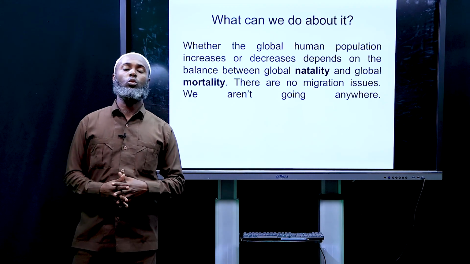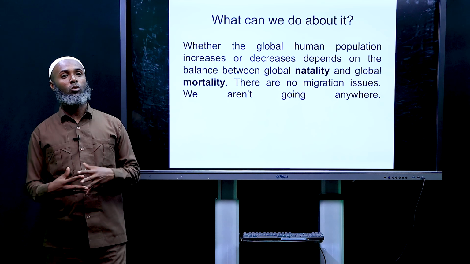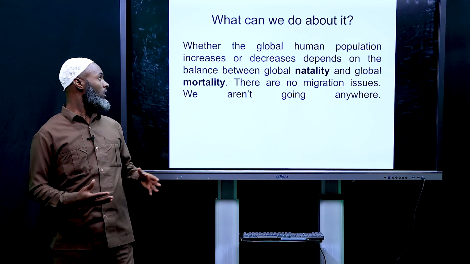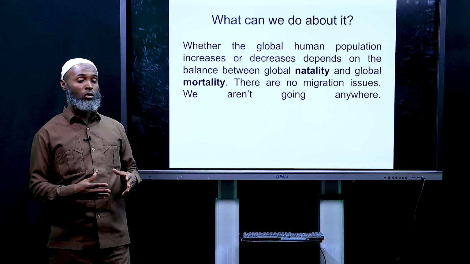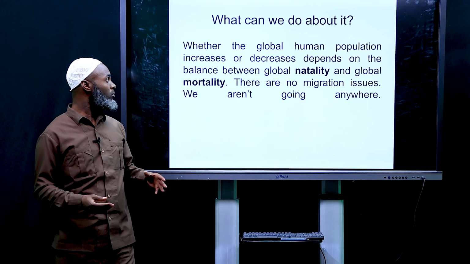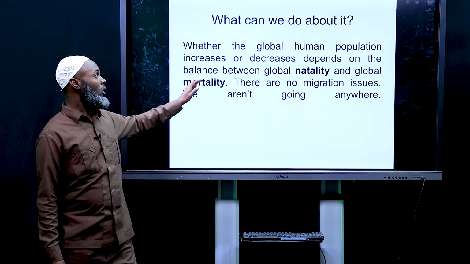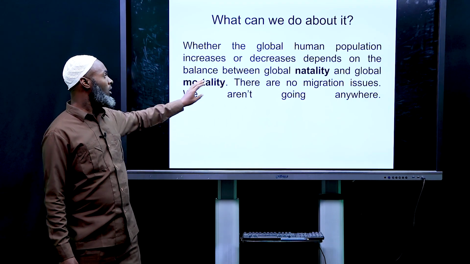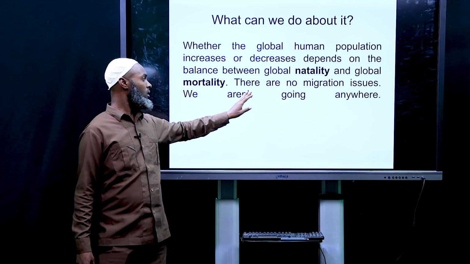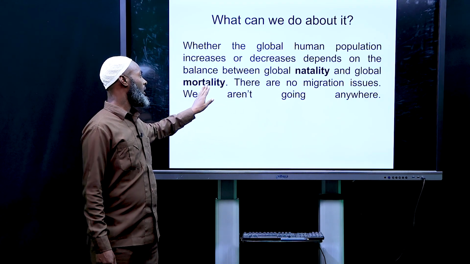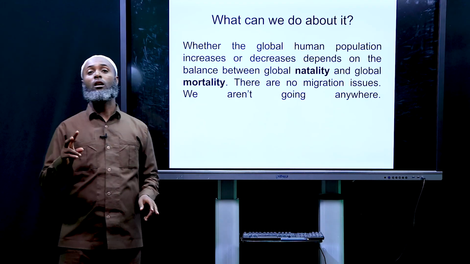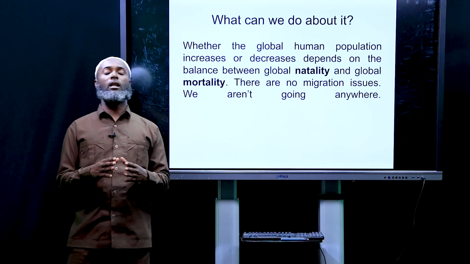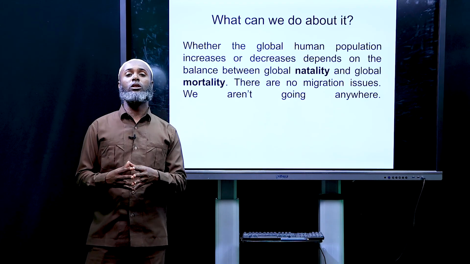Students, what can we do as one country to overcome this population issue? Whether the global human population increases or decreases depends on the balance between natality and mortality. There are 4 factors that directly influence population size.